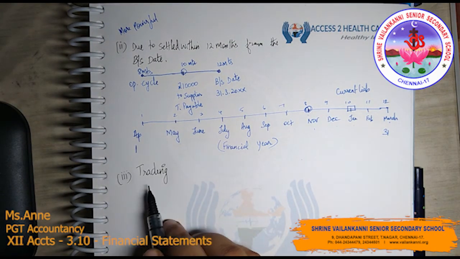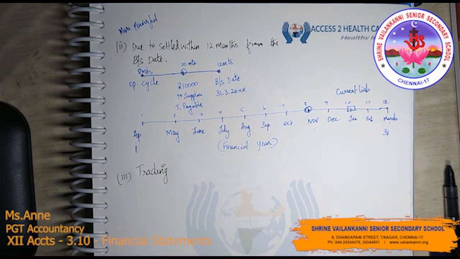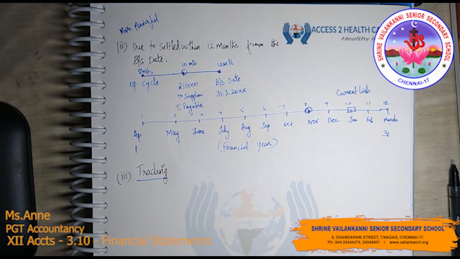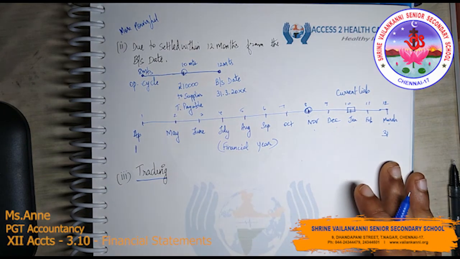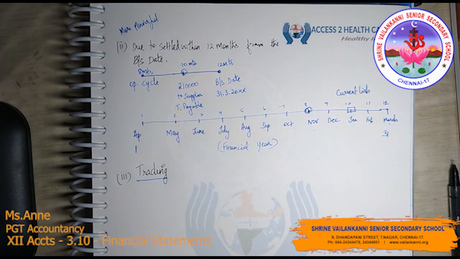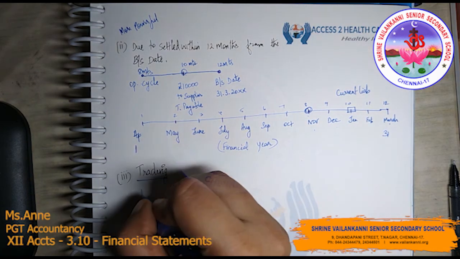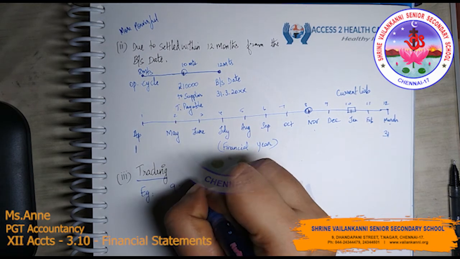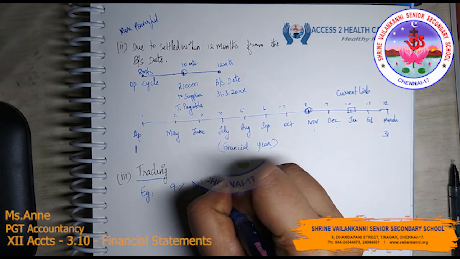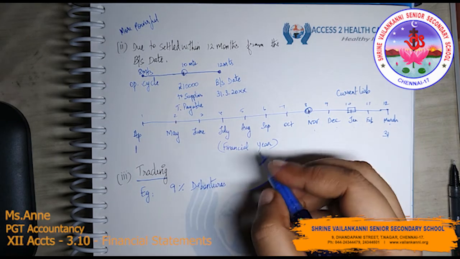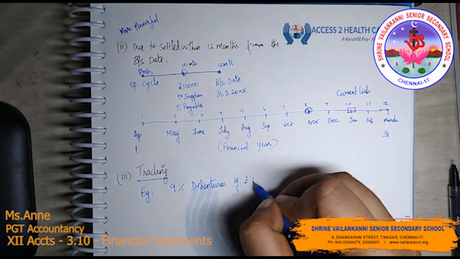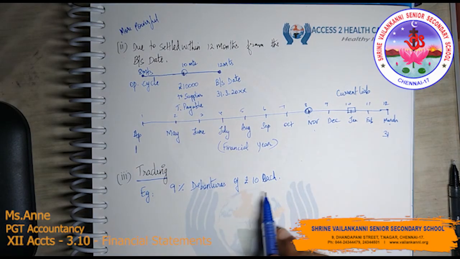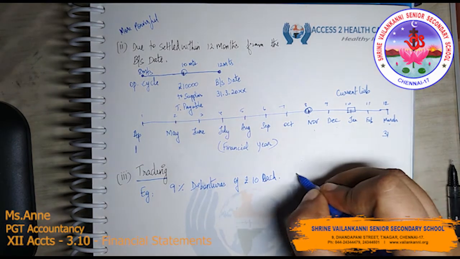Third one is trading. Anything that you relate with trading is related with current. If you are not doing it for trading, then it is not related with current. One example: you have issued 9% debentures of rupees 10 each.